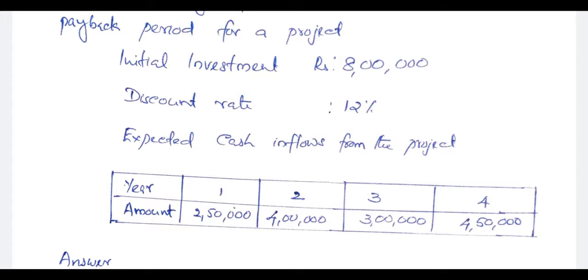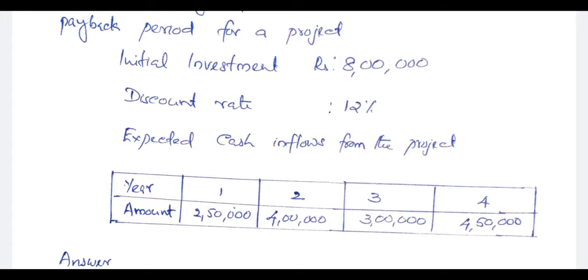So from the problem we can understand that initial investment, that is the cash or the cost of the project, is rupees 8 lakh. That is cash outflow. Then cash inflows are given for the next 4 years.